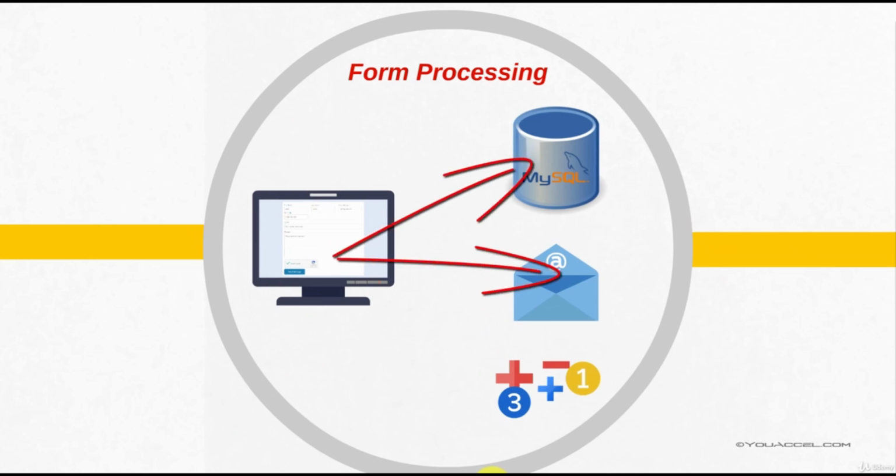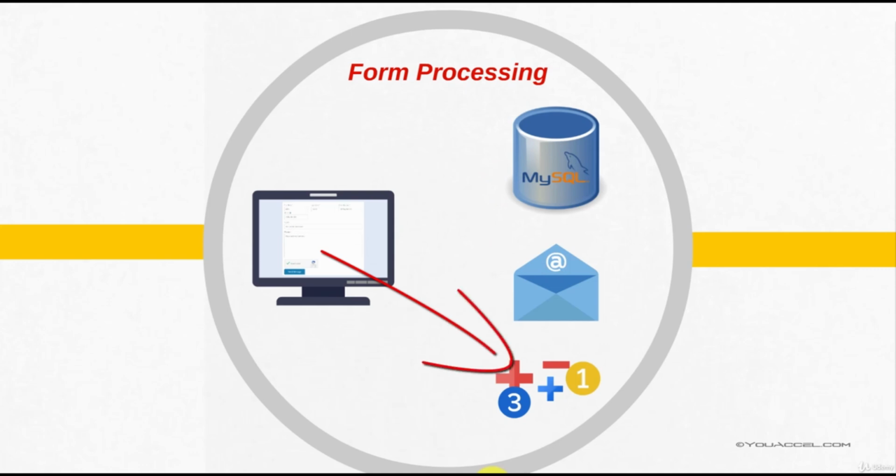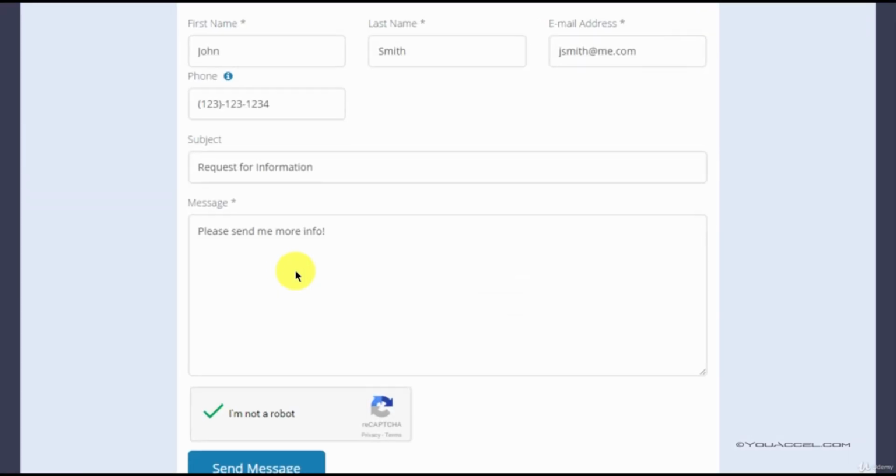We can email form data to our users, such as a confirmation email or a thank you note. We can also use form data to perform arithmetic, or perhaps a combination of any of these purposes. Form processing starts as soon as we fill out an HTML form and click the Submit button.